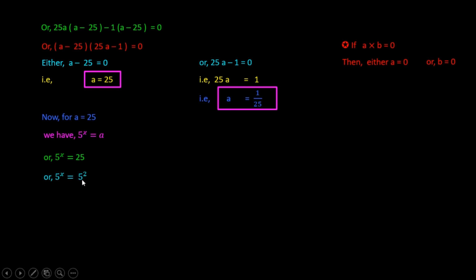So 25 is written as 5 to the power 2. If the bases are equal, we can equate their powers or indices. If the bases are not equal, we cannot equate the powers. So if a to the power x equals a to the power y, then we can compare their powers, that is x equals y.